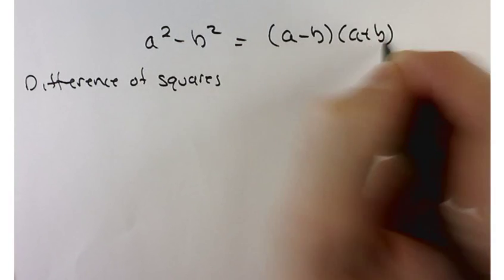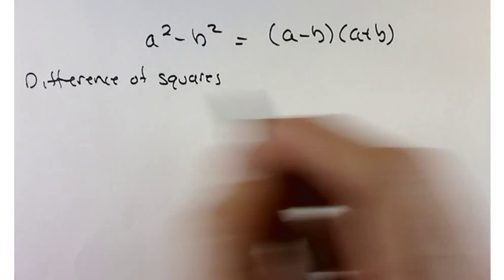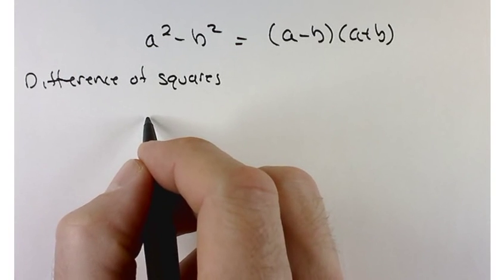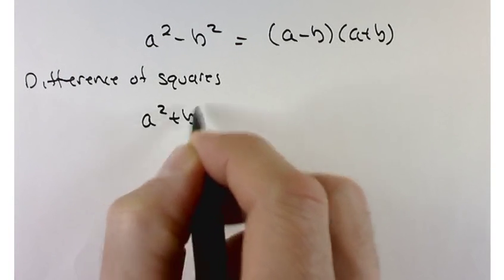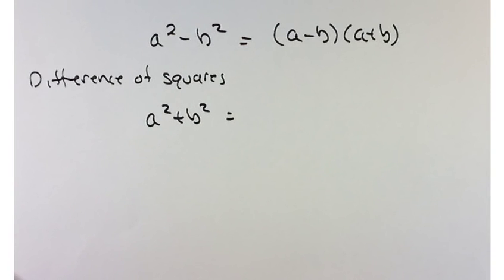Now, at the same time that there's a difference of squares formula, there's also this formula, a squared plus b squared. I think you kind of like this one. But let's prove this one first. Let's show that it actually works. How can I check that this times this gives me this? Yeah, multiply it all out.